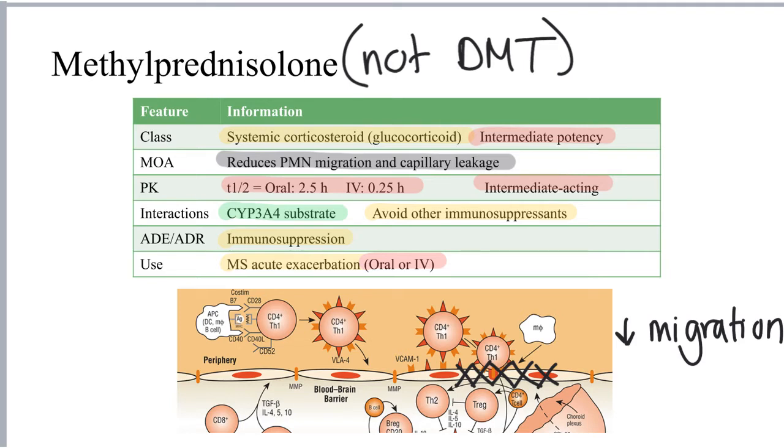And so co-administration with drugs that either induce or inhibit CYP3A4 can affect blood levels of methylprednisolone. And care should be taken when administering methylprednisolone with any drug that is a CYP3A4 inducer or inhibitor.